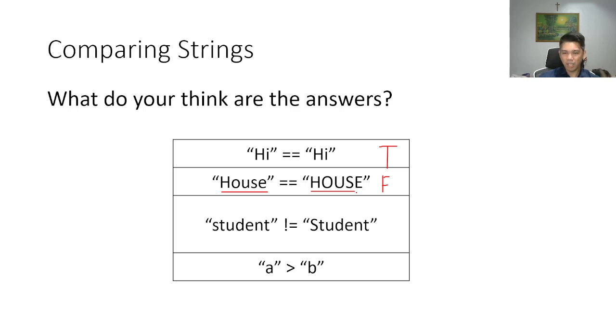However, in programming, and especially when we deal with strings, they are case sensitive. So a small letter o, u, s, e is different from a capital O, U, S, E. So this house with one capital H, the rest lowercase, is different from uppercase HOUSE.